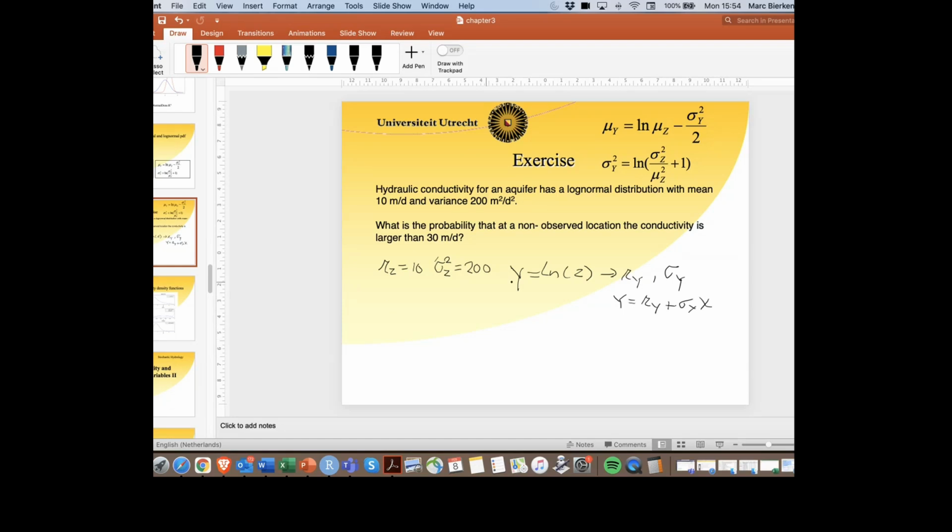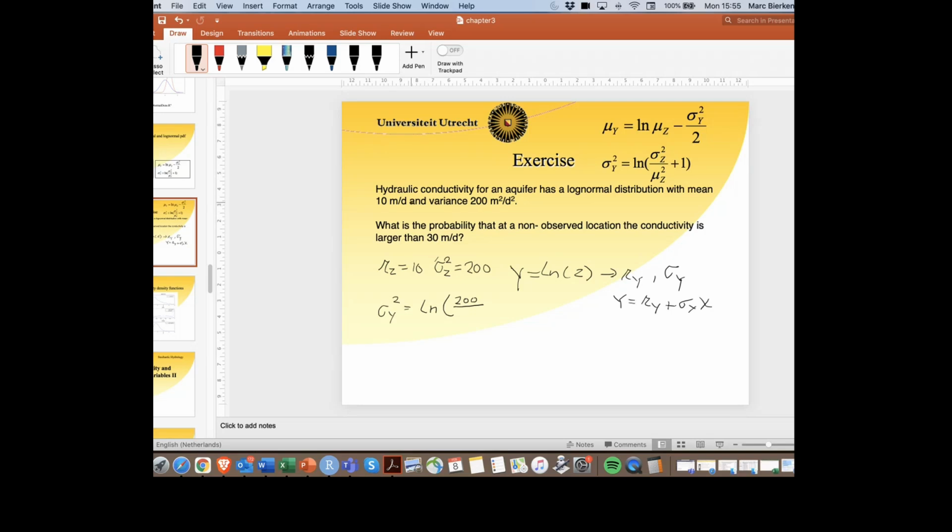So first I'm going to do this conversion. As you can see, this one has the variance of y in it, so I have to start with this one because that only has the variance of z and the mean of z in it. So the variance of y is equal to ln of the mean. The variance is 200.